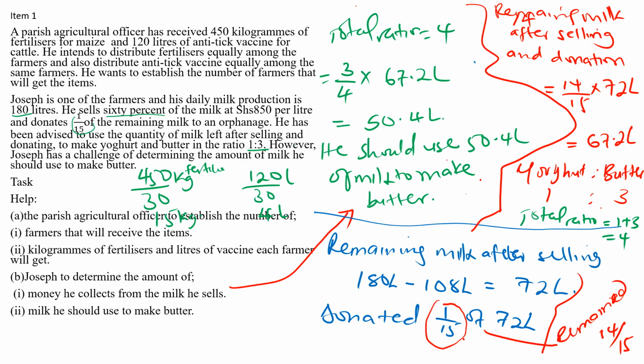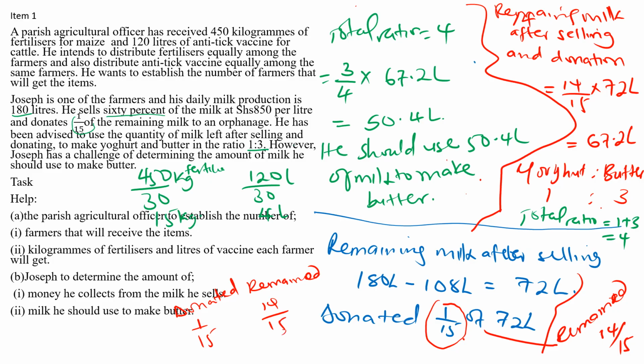So whichever way you interpret things in mathematics, still you get the same answers. So whoever took that direction of first finding 1 out of 15 is right. And also whoever understood it this way, that if I donated 1 out of 15, then I remained with 14 out of 15.